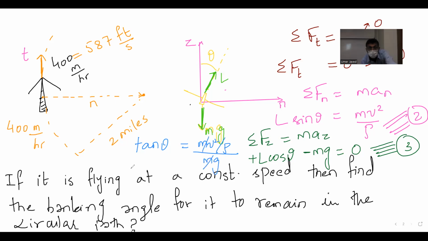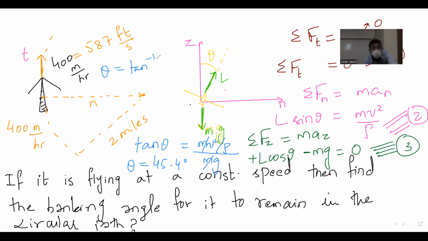Mass of the plane cancels and theta comes out to be, yeah, you do it yourself. Tan inverse v square over rho g. g is 32.2. Rho is given to me as 2 miles converted into feet. You get 45.4 degrees. So theta equal to tan inverse.